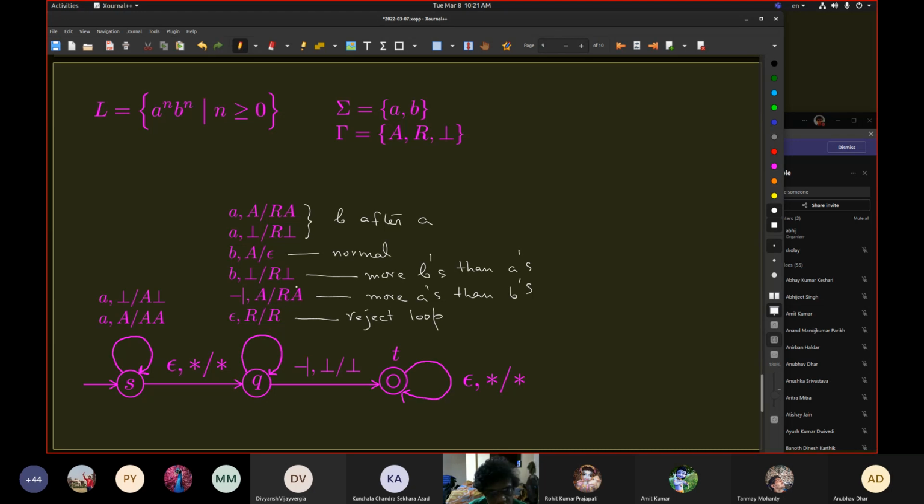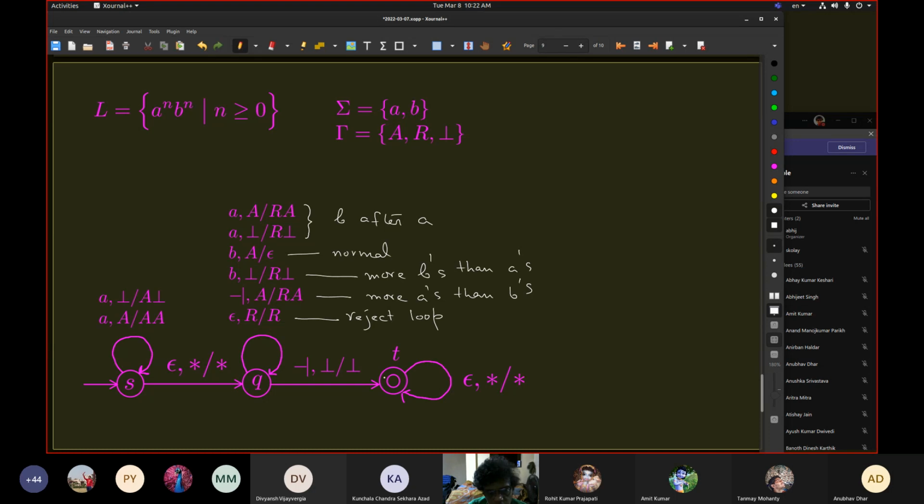On the other hand, if everything proceeds normally, so A's are read, as many A's are read, there is an exactly equal number of B's. Okay, and then end of input is reached, and at the same time the bottom marker is exposed. So the count of A's perfectly matches with the count of B's.